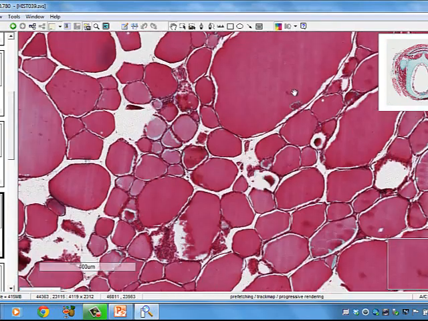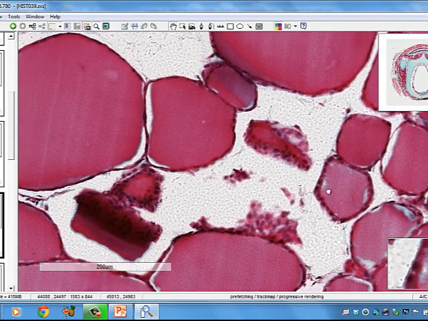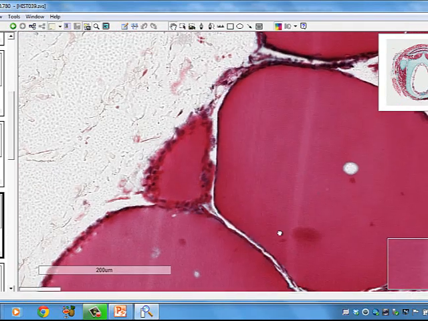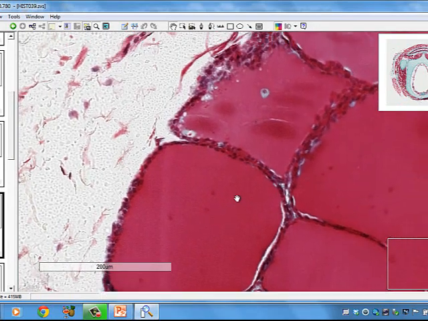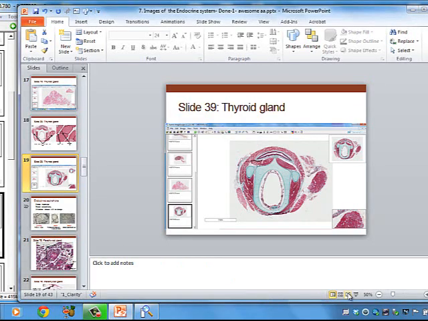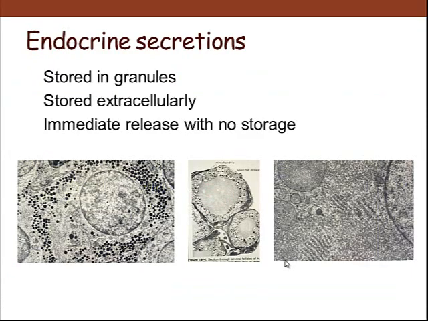And so if we take a look at these, we'll be able to see a similar type of thing. You have these cuboidal cells that are there, and a colloid in the center, and some parafollicular cells in through there as well. So there's a thyroid gland, and that brings us to the different types of organs.